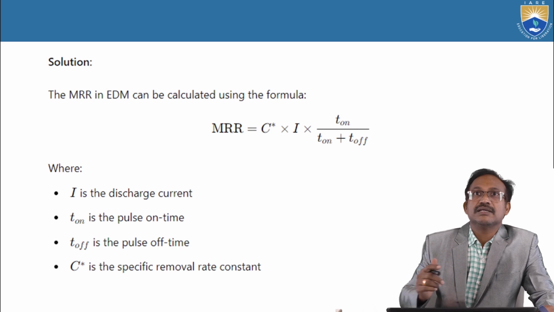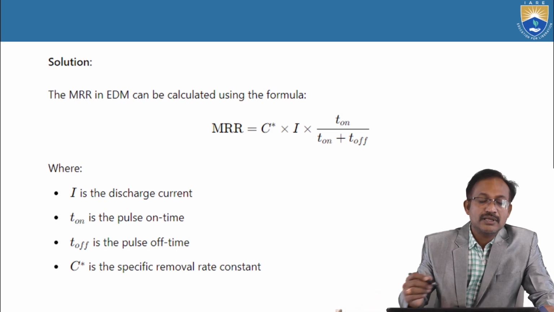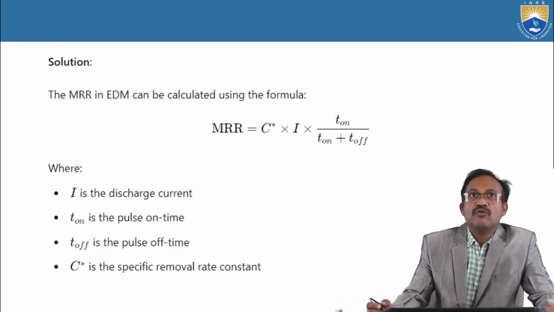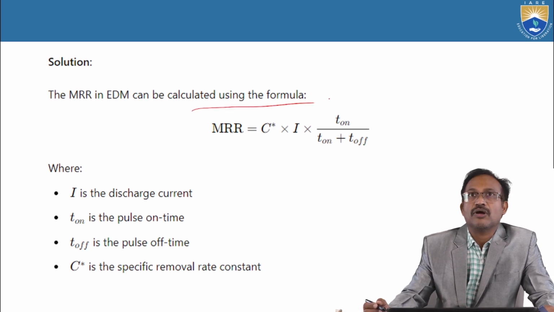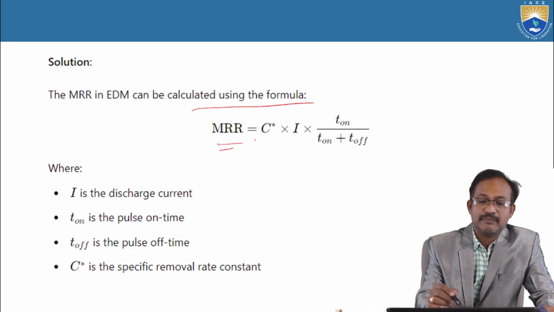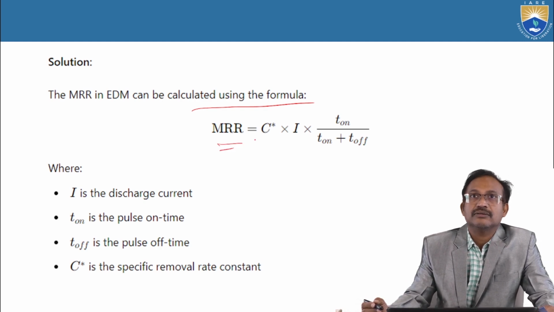See here, the material removal rate in EDM, electro discharge machining, can be calculated using this formula: MRR = C* · I · T_on / (T_on + T_off).